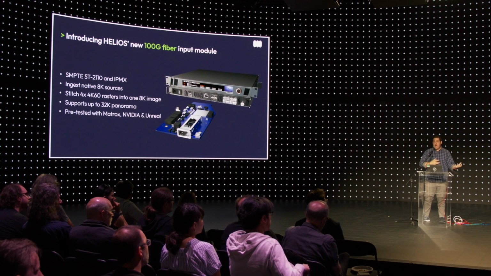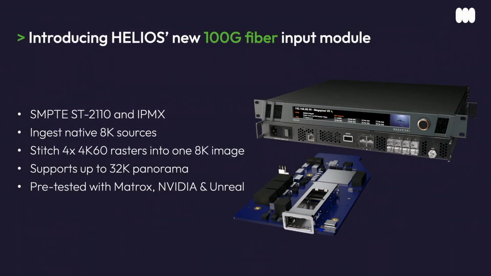Yesterday, and we have it out in the lobby for anybody that likes to geek out on hardware, we released a 100 gig fiber module for Helios. We're really excited about this. To give you an idea of how impressive that bandwidth is, you can transmit a 2-hour feature DCP file in about 4.5 seconds.